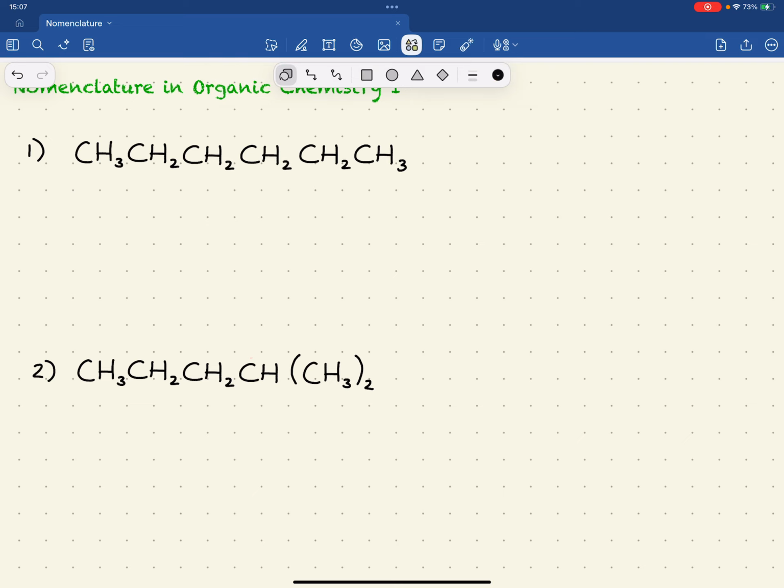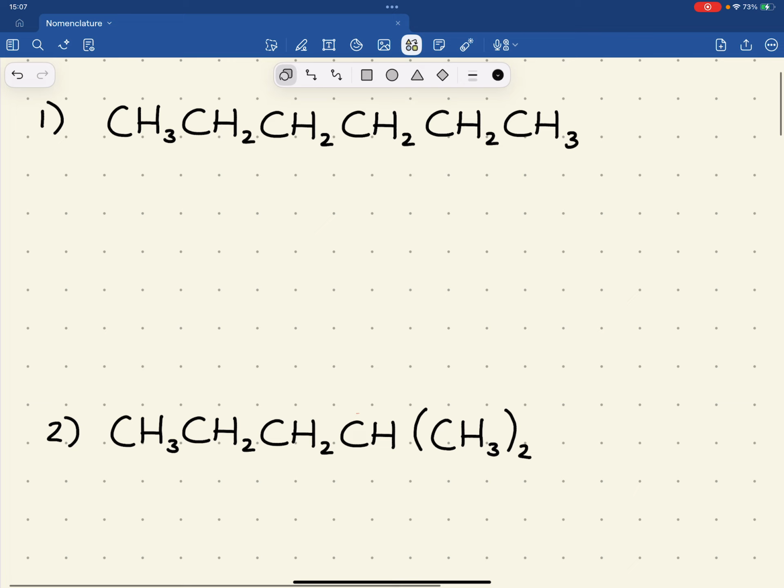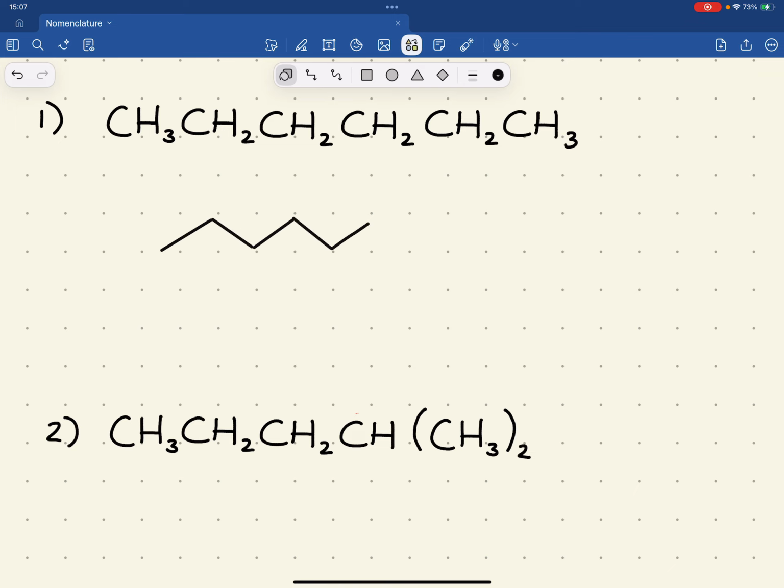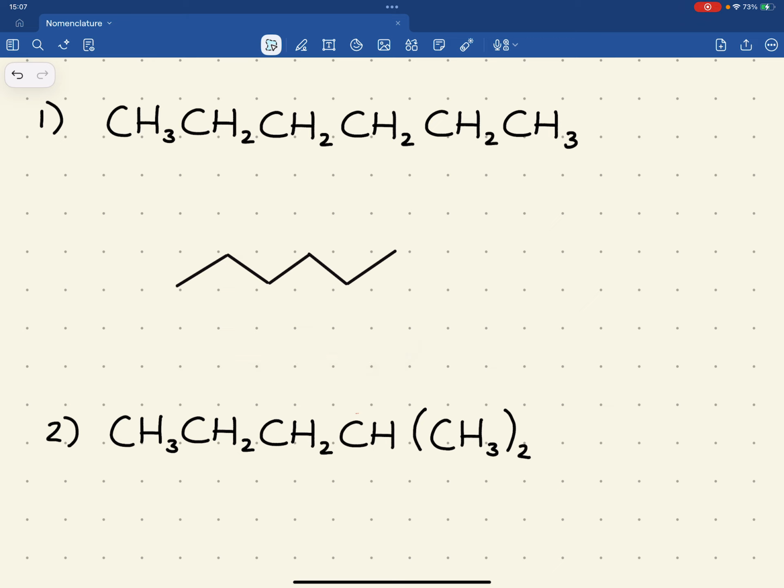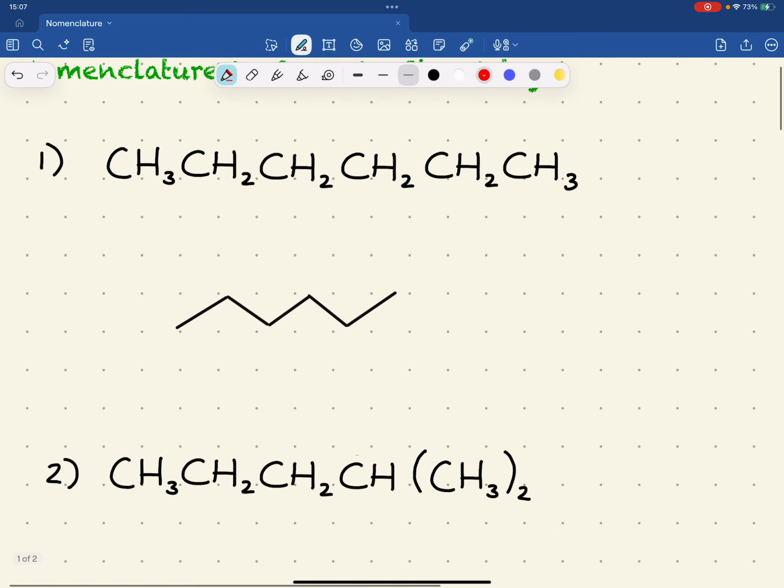Number one we can see is a simple alkane, straight chain, no branches. Let's draw this as a skeletal formula. So that will be this compound as a skeletal formula. The first rule in naming organic compounds is always look for the longest carbon chain, which in this case is very straightforward.